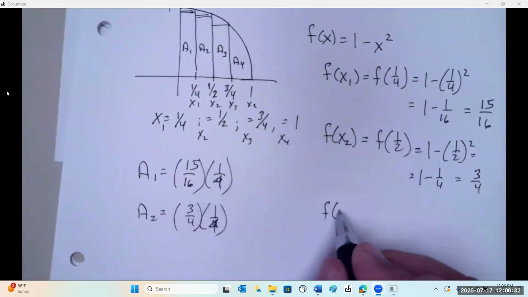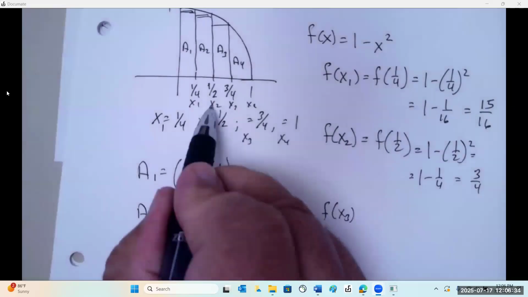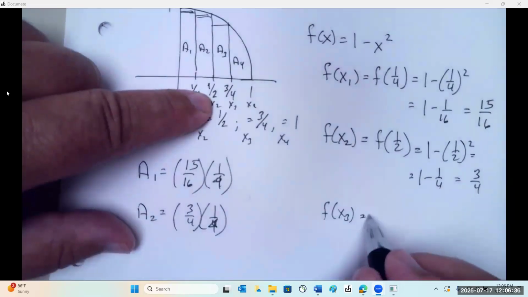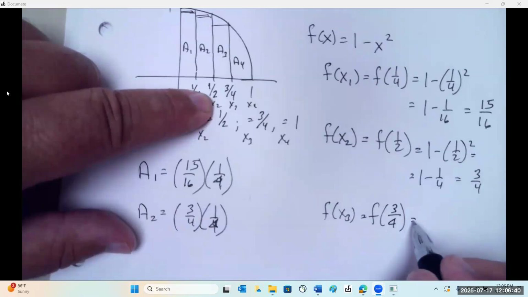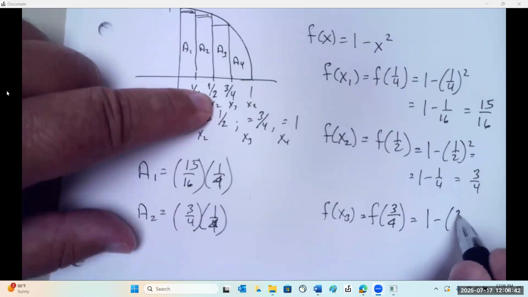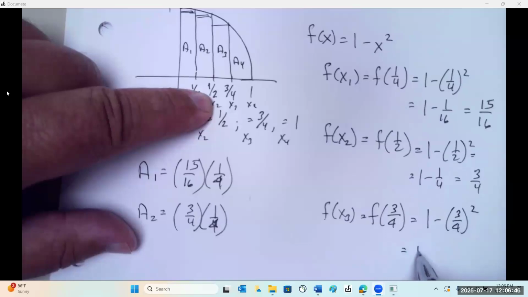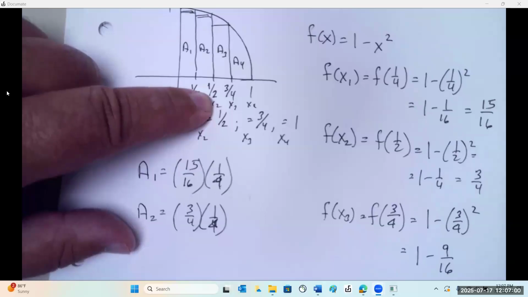Then the third one, f of x3. My third x is 3/4, which is 1 minus 3/4 squared, 1 minus 9/16, which is 16/16 minus 9/16, which is 7/16.